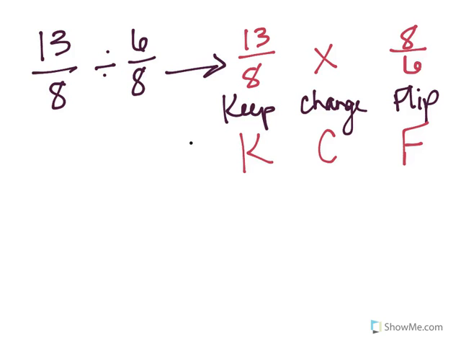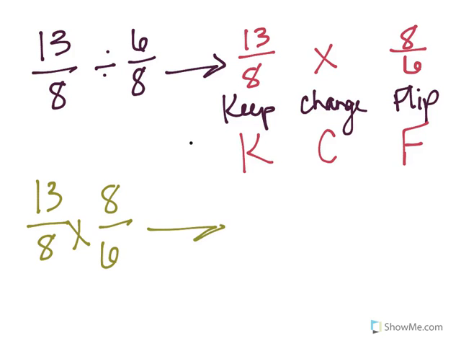So now I have a multiplication problem of 13 over 8 times 8 over 6. Since I know that I can cross simplify, and 8 and 8 have the same greatest common factor of 8, they both reduce to 1.